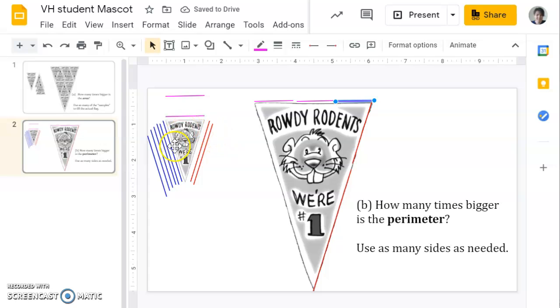So 3 of them fit, and for the side, 1, 2, and 3. So you can tell that originally one of each color was the original perimeter, but then the perimeter tripled. This is a visual representation of that.